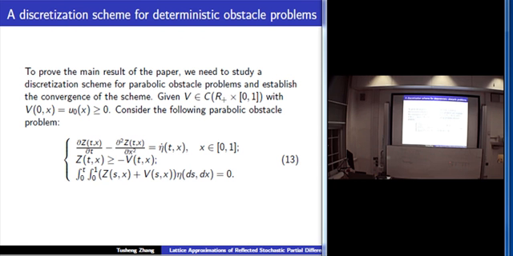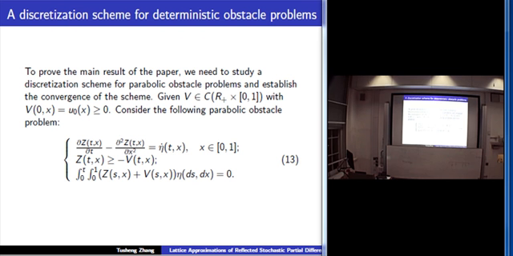For given V, let's consider this deterministic parabolic obstacle problem. We look for the solution of this parabolic equation with this barrier. We require that the solution is above this barrier. And this is a measure.